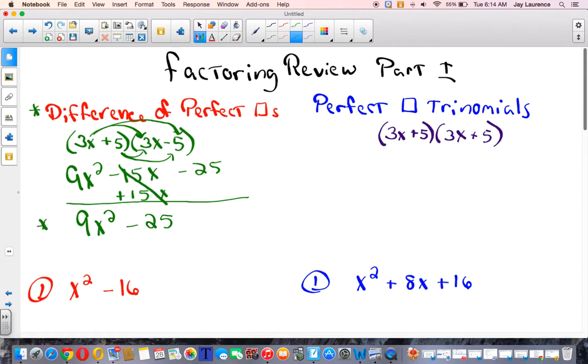This pattern is the difference of perfect squares. If I go to factor it, it's going to look just like what I started with. How do I know? Well, this is a perfect square, and the square root of it is 3x. 25 is a perfect square. The square root is 5, plus or minus 5.